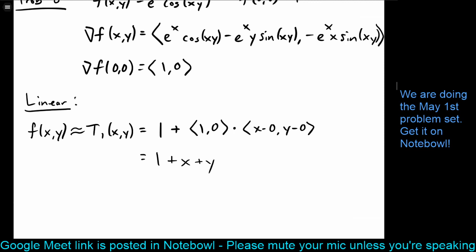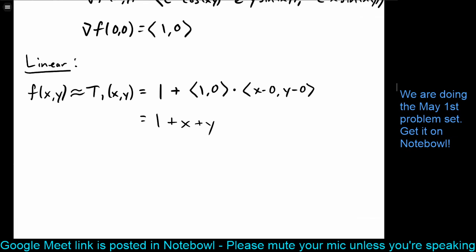Remember, if we graphed z equals this, it is the tangent plane at 0, 0. And just like in the last example, this is going to be a somewhat crude approximation of values near the origin for this function f of xy. Let's move on to the quadratic now.